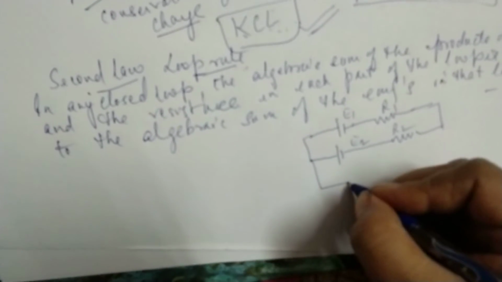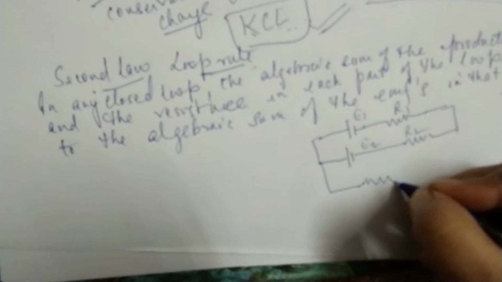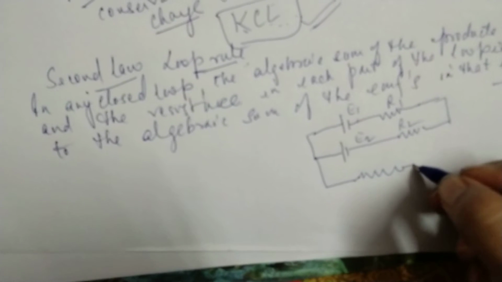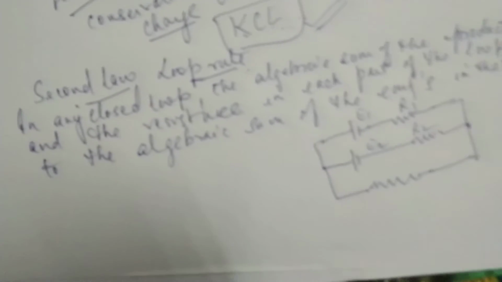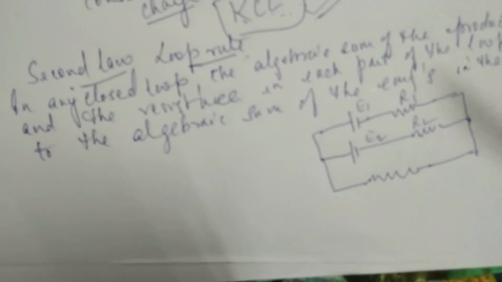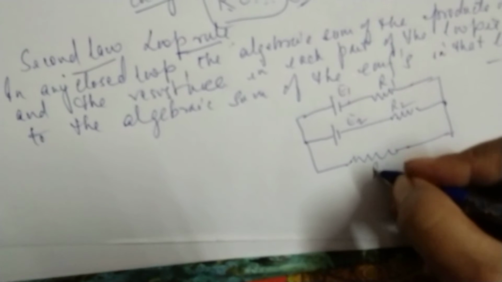And here we have got one more resistance. Now this is what we have got. Here we have got two EMFs E1 and E2, and we have got resistances R1 and R2. Let us assume this is R3.